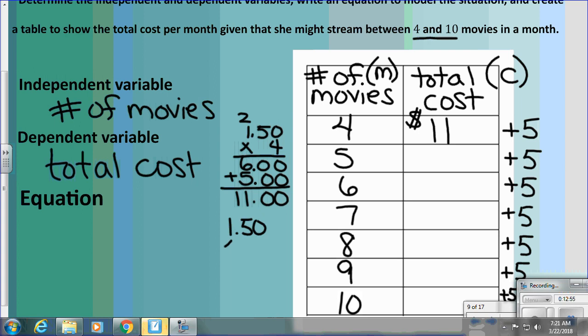And then we continue working with the math. For 5 movies, she would pay $7.50, but then she'd have that $5 monthly fee.